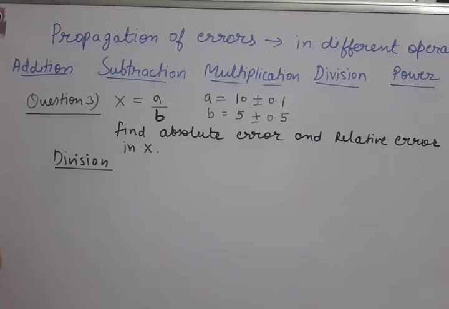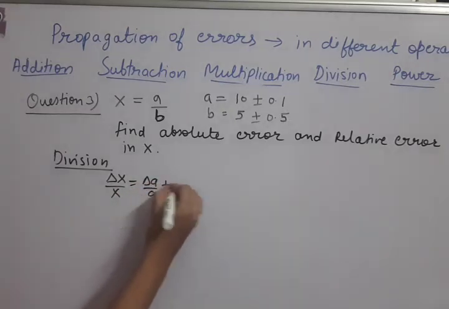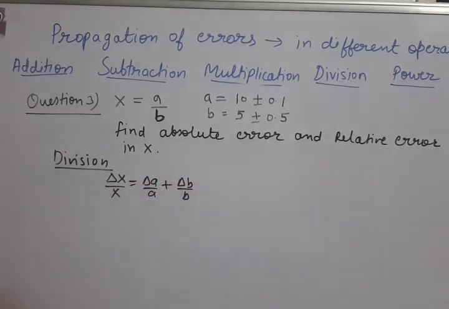For division, what is the error? Conclusion. If you remember that we have written this conclusion, delta x by x equal to delta a by a plus delta b by b. We can only add directly relative errors in case of multiplication and division. So we have written this expression.